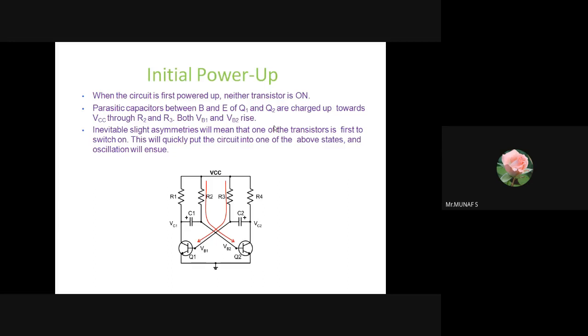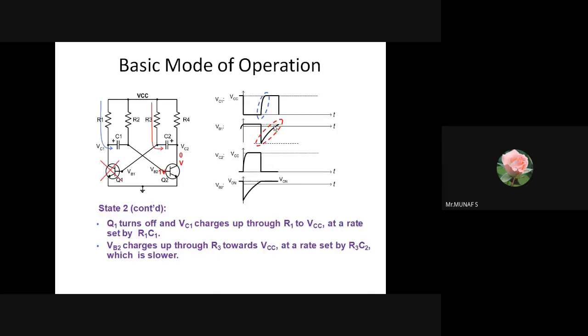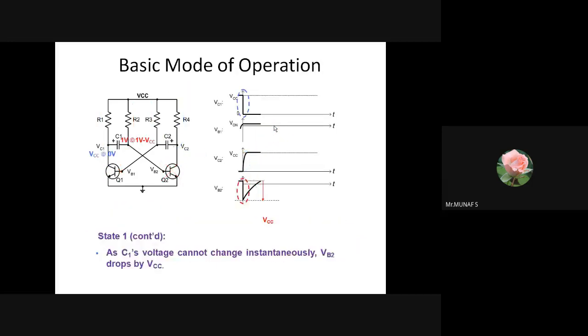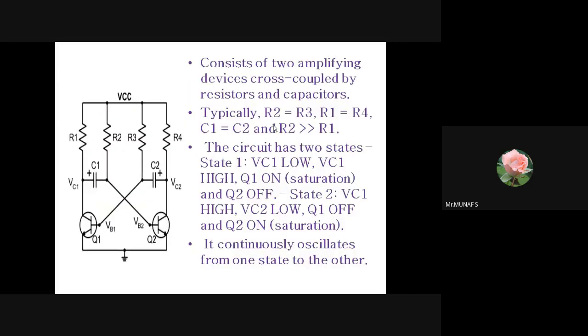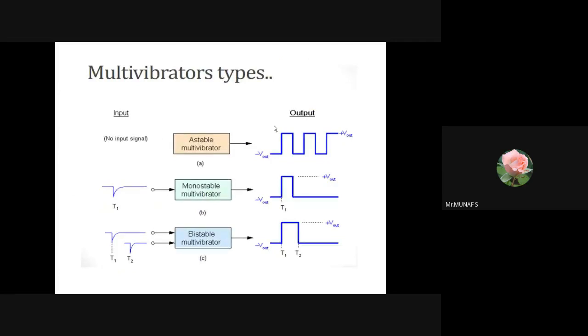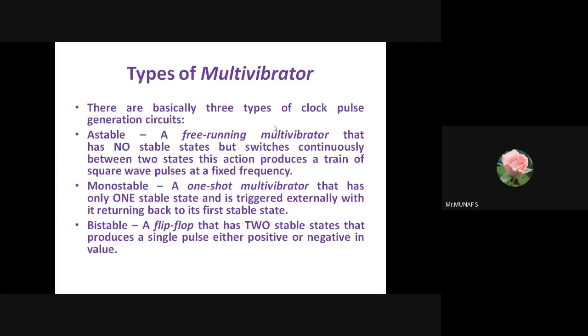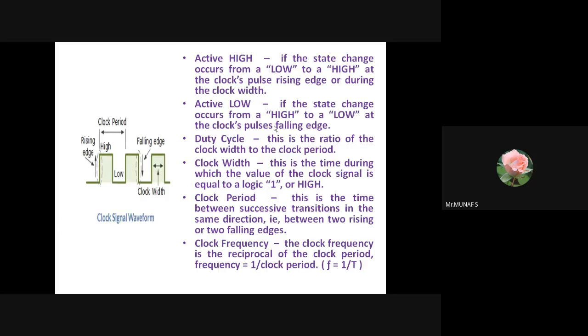So this is the operation of the astable multivibrator. In this session, we discussed how the cross coupled astable multivibrator operates in different modes, and we discussed the behavior of the astable, monostable, and bistable multivibrators with different inputs and triggering pulses, and the types of triggering pulses and their definitions: active high mode, active low mode, duty cycle, clock width, clock period, and clock frequencies.